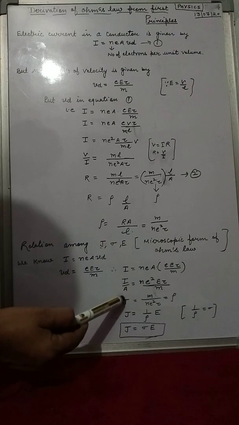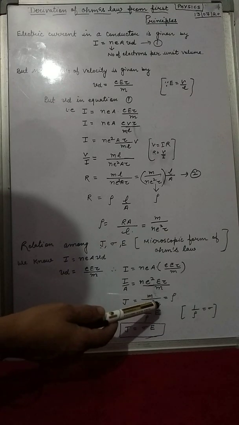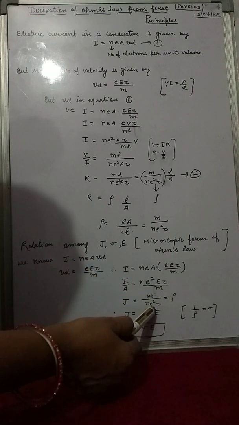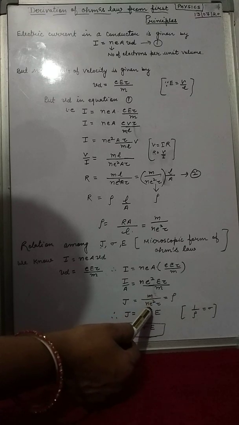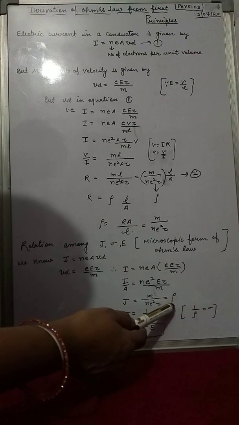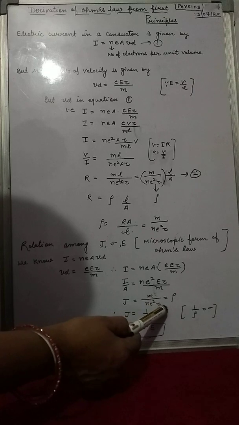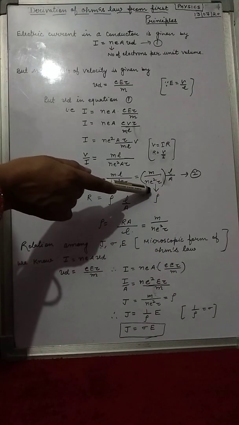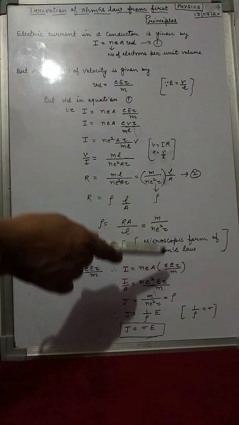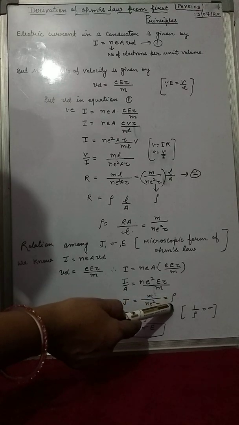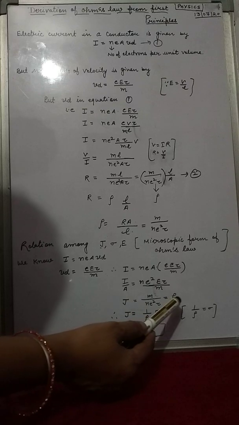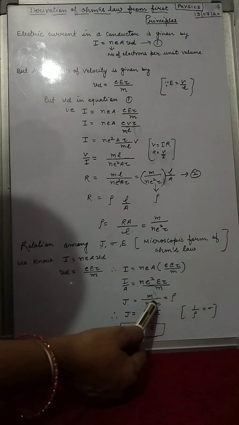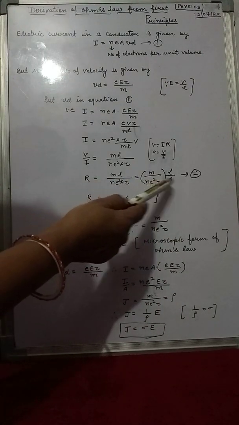I/A is equal to J and is called current density. So this is equal to ne²τ/m times E. And m/ne²τ, from the earlier equation, we know is equal to ρ, the resistivity.